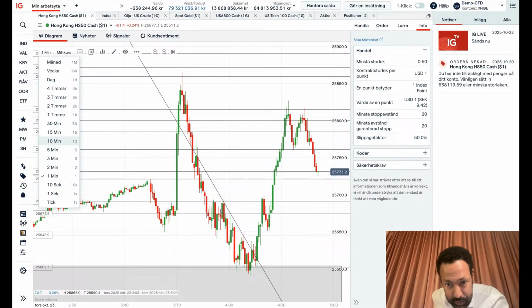26, good. All the way back to 22. Yeah. So I have to be out there at 2021 because it reversed up. So I should have moved the stop a little bit more with the trade.